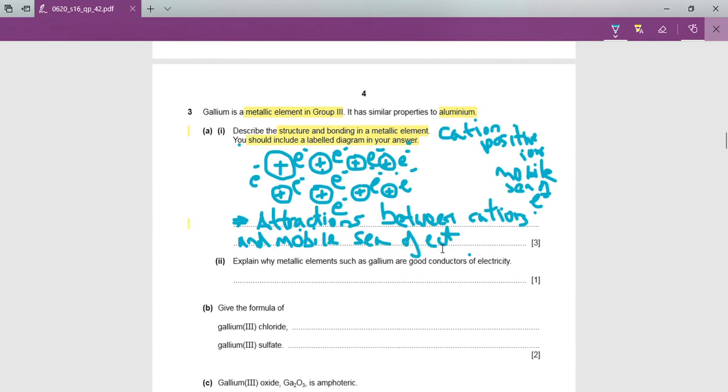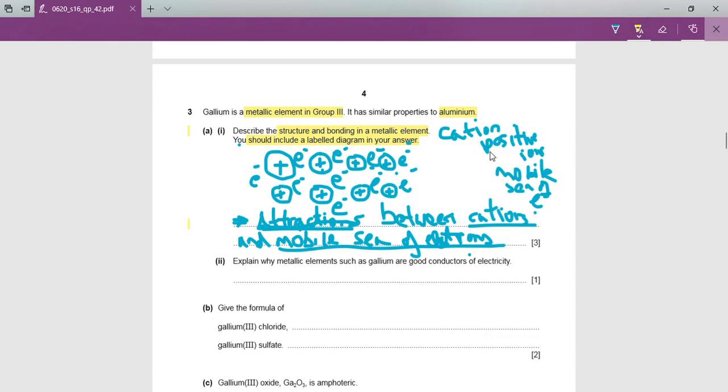Attractive forces, if you want. I'm pretty sure this would get you 3 marks since it explains the fact that there are cations and there's the mobile sea of electrons, and the attractions are the third point. So that's pretty much it for this one.